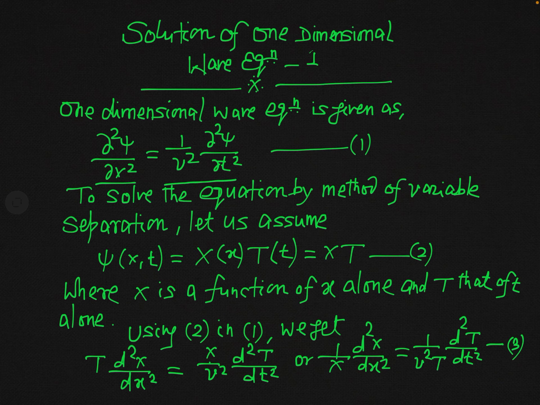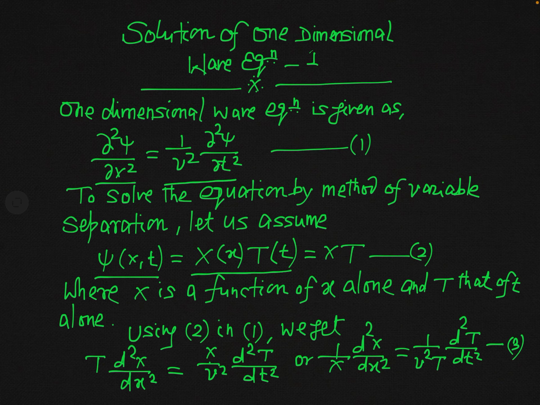As you can see, psi is a function of x and t, so to apply the method of separation of variables, we will express this wave function psi of x, t as a product of two functions. In those two functions, one will be only a function of x and another will be only a function of t.